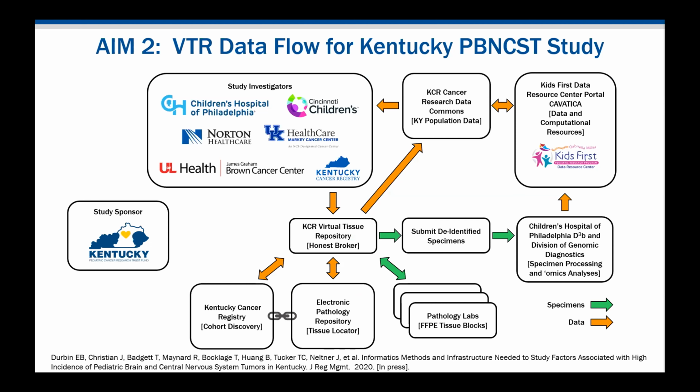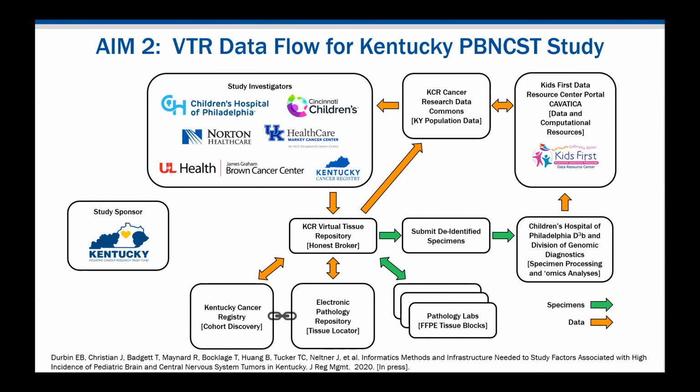So real quickly, I'll walk through how the VTR works. We have honest brokers at the virtual tissue repository. We use the registry and our path reporting system to identify the cohort of patients, in this case, all childhood brain and central nervous system tumor patients.